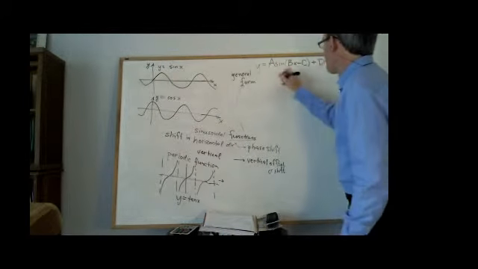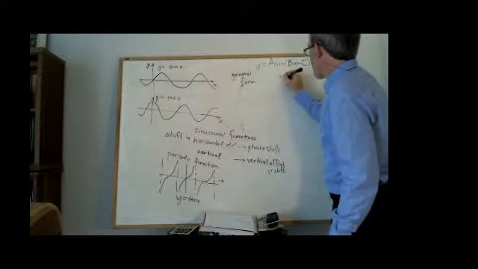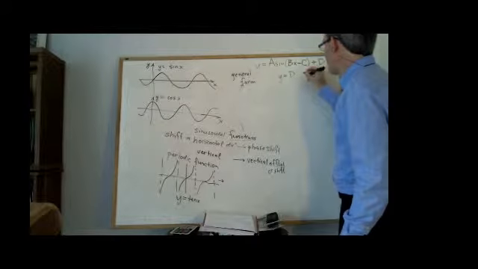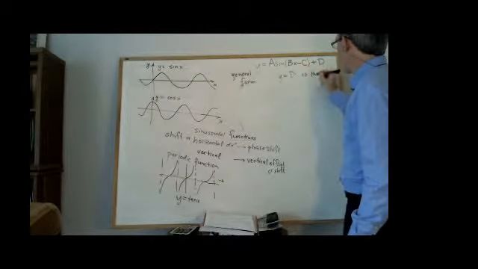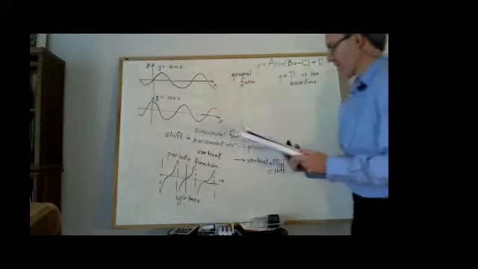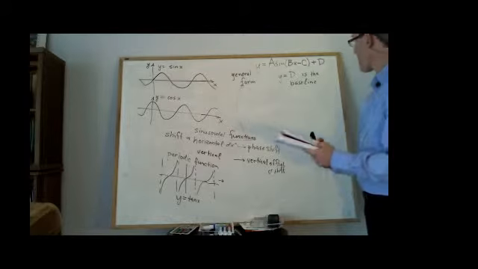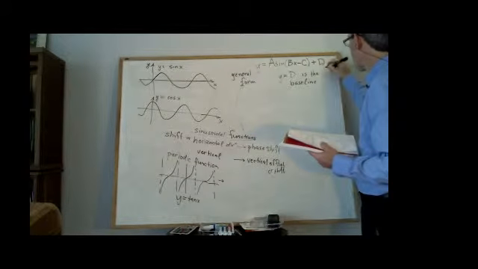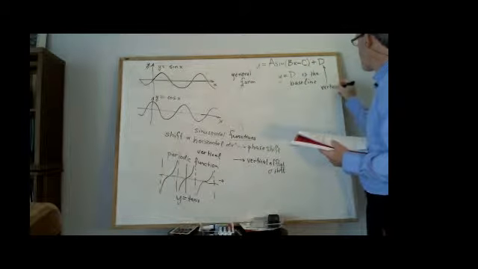The line y equals d is sometimes called the baseline, whereas d itself is the vertical offset or shift.